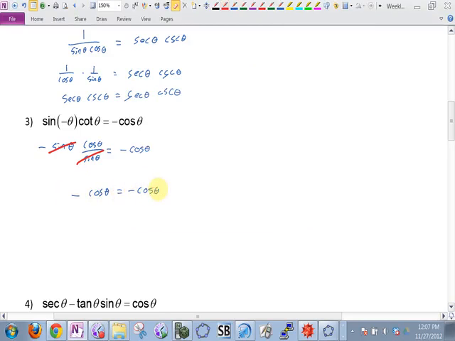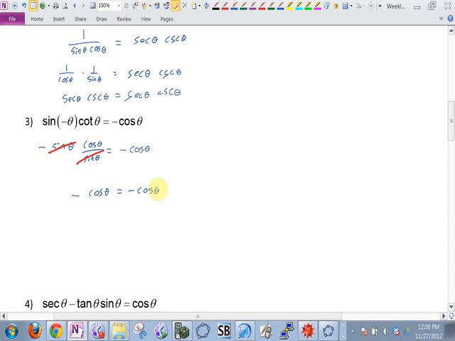Some people made that way harder than it needed to be. I'm seeing some things like multiplying the top of this fraction by something and the other fraction by something else, not really understanding the idea of not changing the problem.